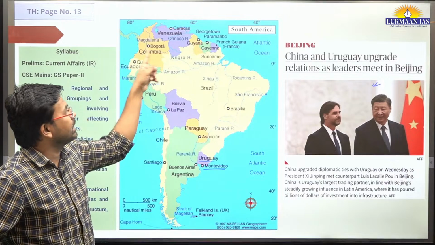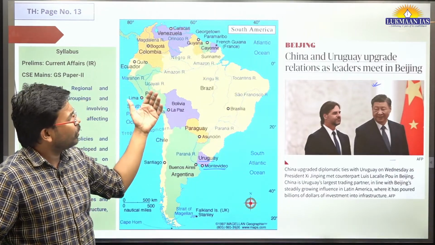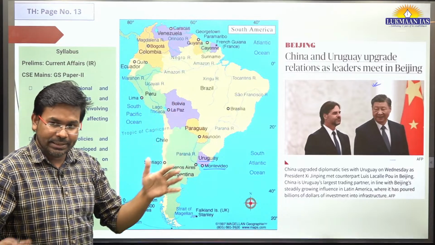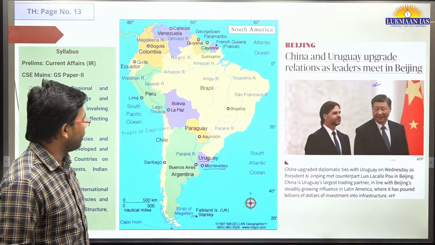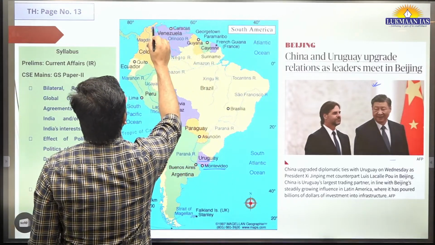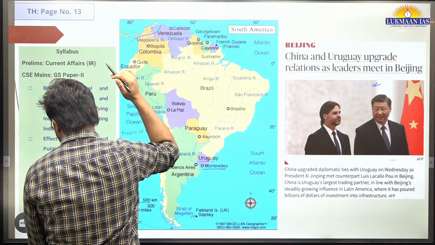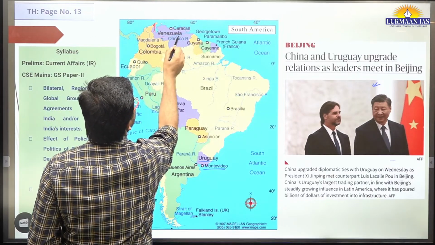And how many countries do we have in South America? There are 12 countries that are independent. There is one territory that is part of another country. So we are going to locate these countries also. One of the countries is Venezuela. Since the map is already blue, I'm going to use another color. Venezuela is a country.